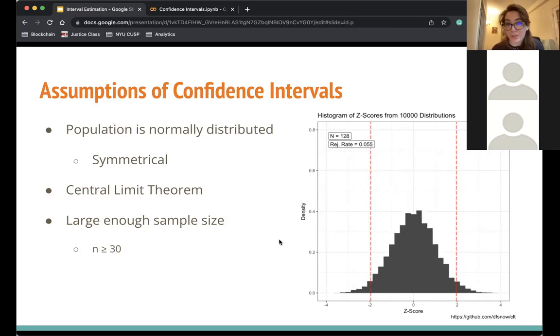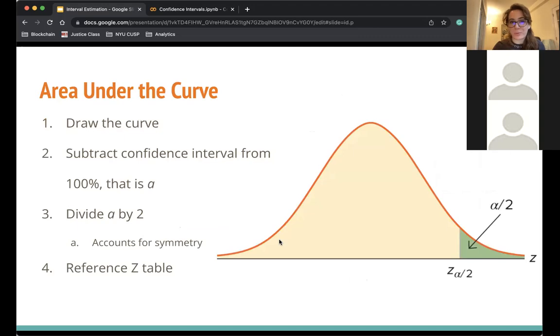Usually it's considered safe to assume that a sample of over 30 is large enough for the confidence interval to hold true. But later in this chapter, we'll cover what we use when we don't have a large sample. For now, let's talk more about the concept of area under the curve and walk through how the formula would be used.